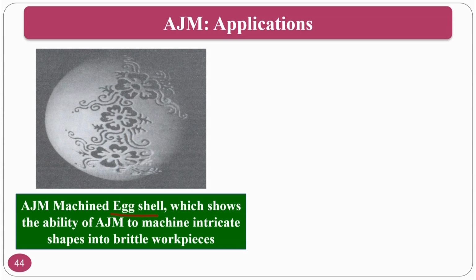If you can generate a beautiful sculpture on top of it, that means it has the tendency to not break any type of brittle material. So that means it is a very superior process to make any type of sculptures in brittle and thin sections. That means this particular AJM has the ability to machine intricate shapes into brittle workpieces with low thickness.